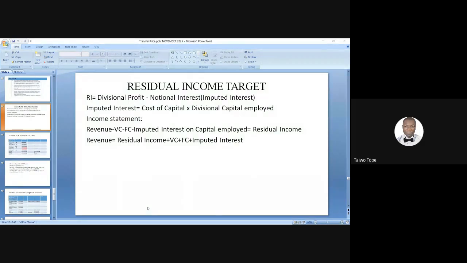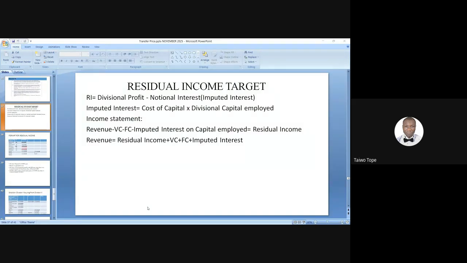So thank you for that. Residual income is a financial performance measure that shows how much profit a business earns after charging for the cost of capital it uses.